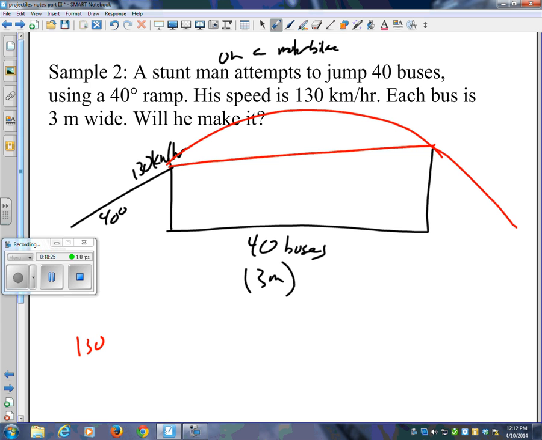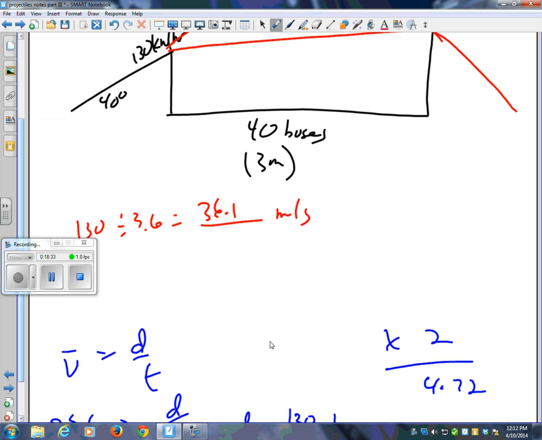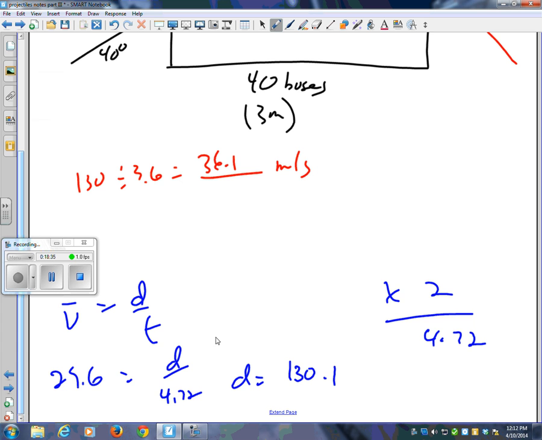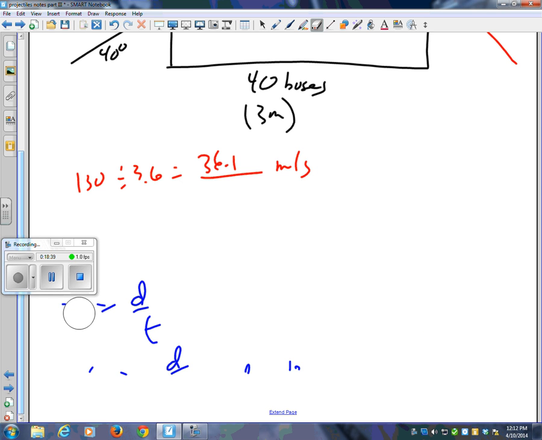First step is to take that 130 and divide by 3.6 to get how many meters per second? 36.1. Okay, and then you got to find your components. I just didn't delete the answer from the last time I taught class. Right?